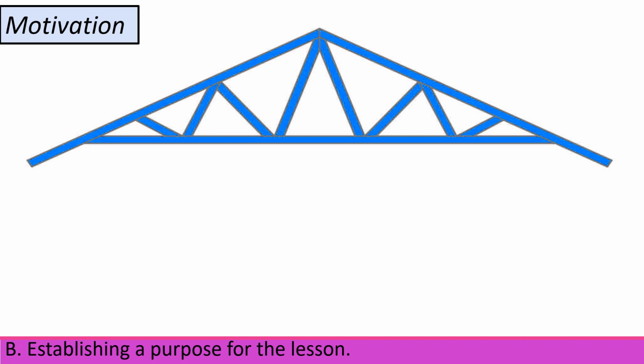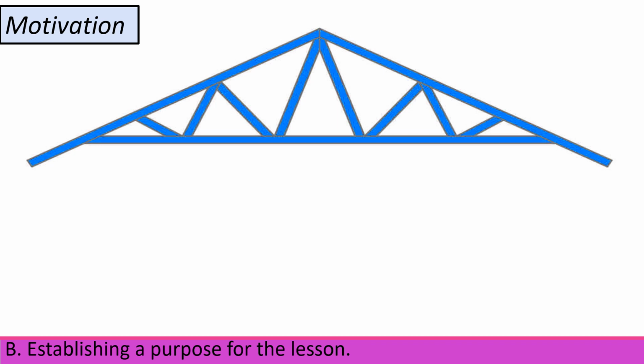Now let us begin by exploring the world of congruent triangles and the important role they play in construction. We have here a figure of a truss. This is a triangulated system where straight structural elements such as beams, bars, or rods are interconnected.